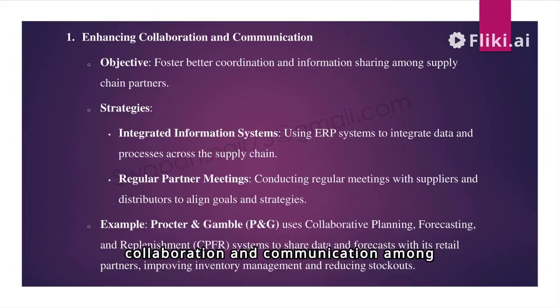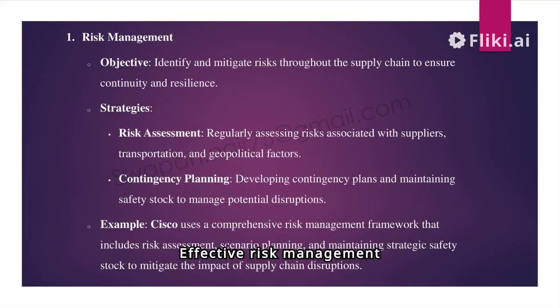Enhancing collaboration and communication among supply chain partners improves efficiency, with P&G's use of CPFR systems exemplifying successful data and forecast sharing. Effective risk management in SCM includes regular risk assessments and contingency planning, as demonstrated by Cisco's comprehensive risk mitigation framework.